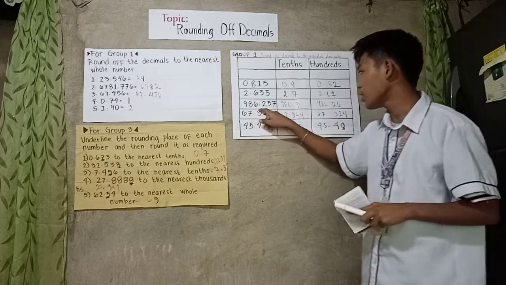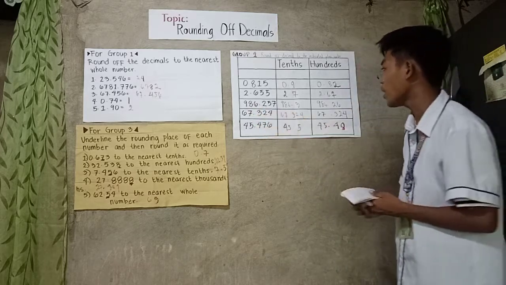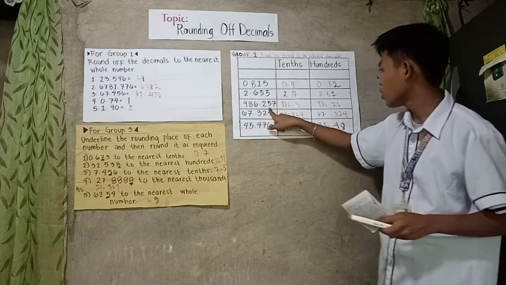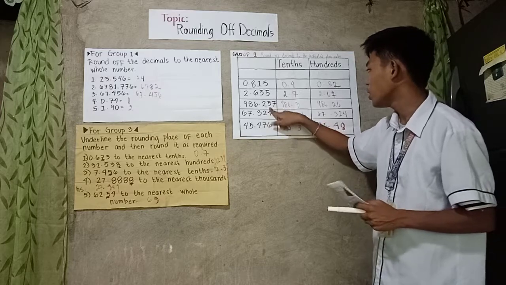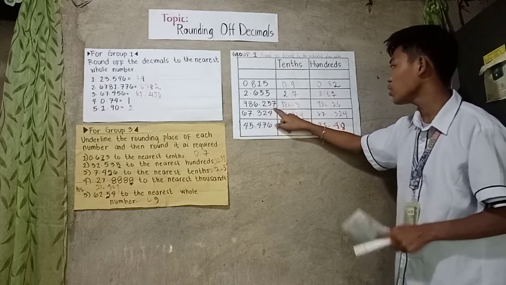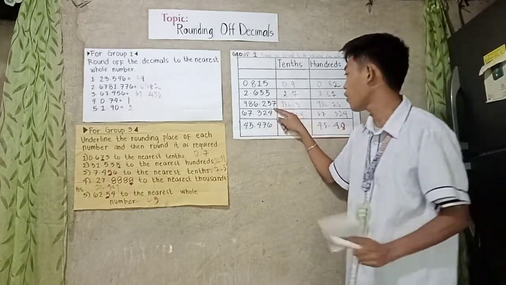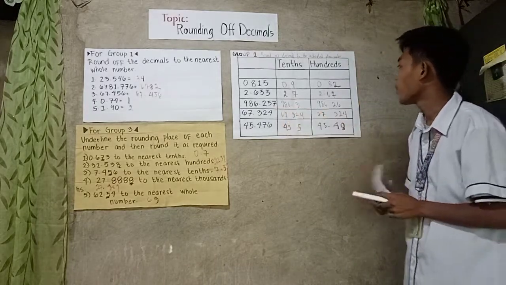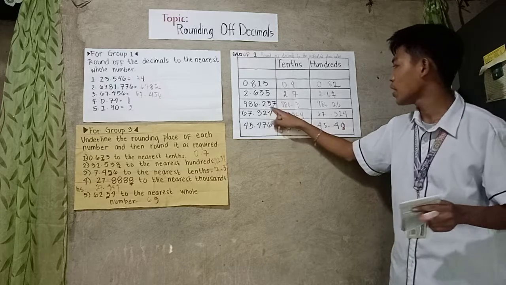Next is 986.257 for tens. Ones, tens. So the digit next to the tens is 7. Since 7 is bigger than 5, it will become 986.3. For the hundreds, ones, tens, hundreds.